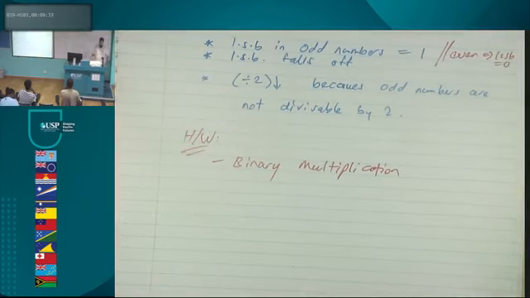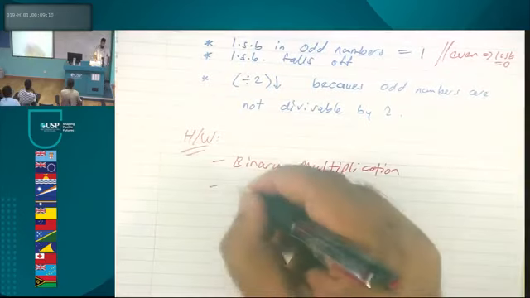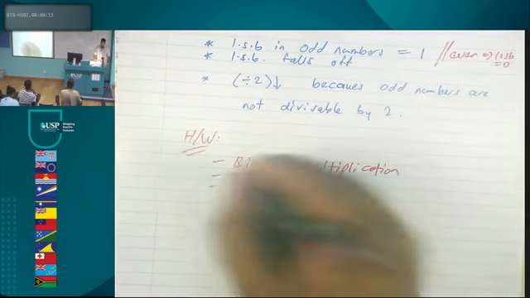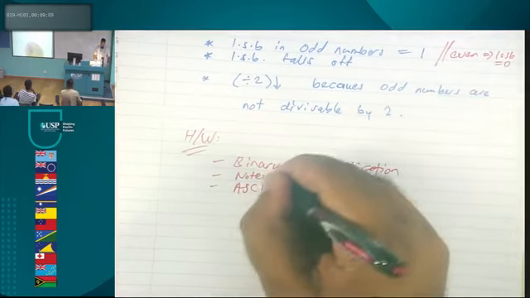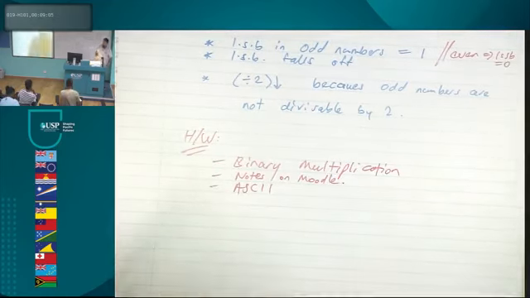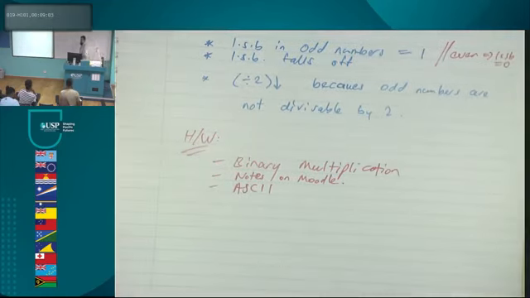Some other formatting methods such as ASCII, and look at the notes on the Moodle. So over here in my lectures, I'm more focusing on the examples, not so much writing notes. I want to focus more on the examples and talk to you and explain things so that you have a grasp of what we're doing.